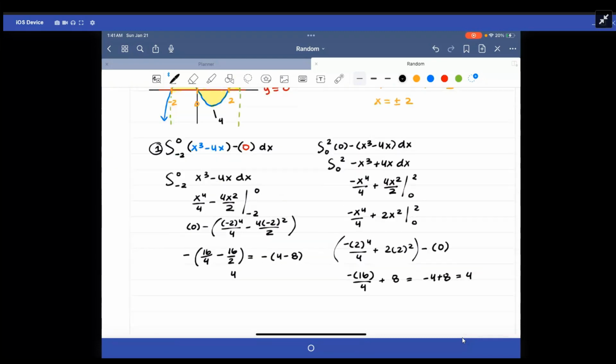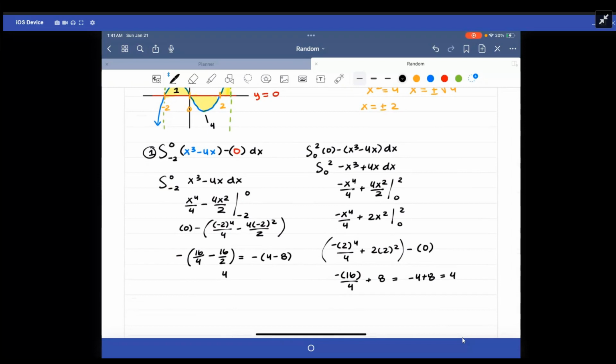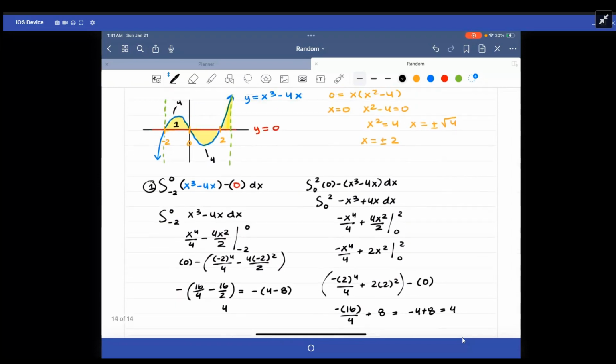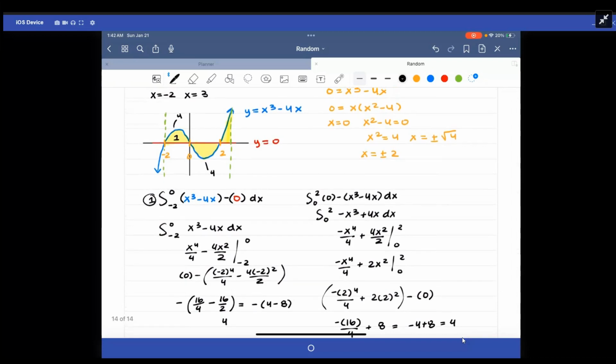And then this actually should be negative. I might have done my math wrong. Let me check something. So sorry. Let's see, 0 from 2, 0 minus blah, blah, blah.